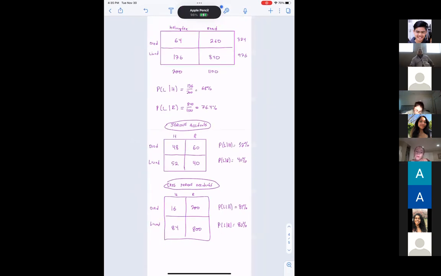So here is Simpson's paradox. Wait a second, this is very strange. If you focus only on serious accidents, what's better, helicopter or road, in terms of likelihood of surviving? Helicopter. If you only focus on less serious accidents, what's better?